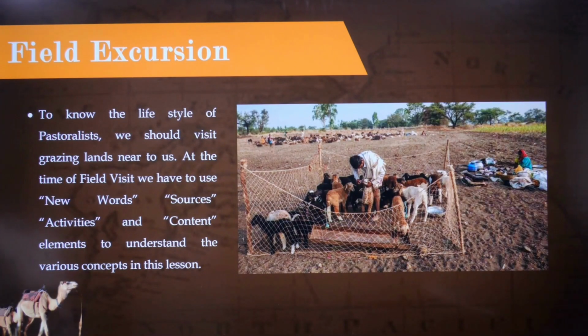Field excursions. After completion of these activities, to know the lifestyle of pastoralists, we will engage a field trip, that is, visit grazing lands near to us along with our students. During that field walk, we have to use new words, sources, activities, and content elements to explain this lesson.